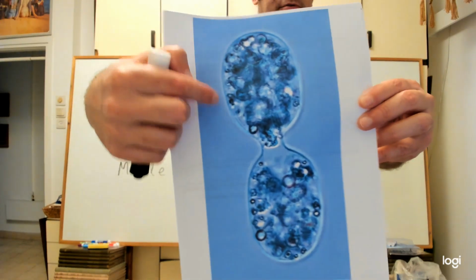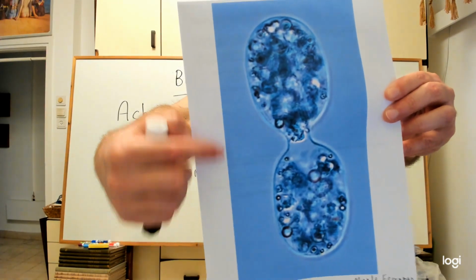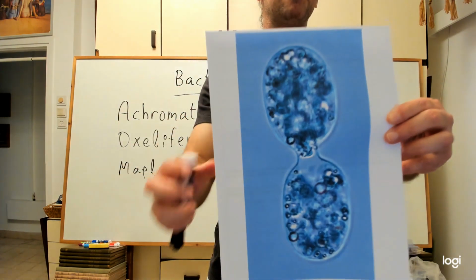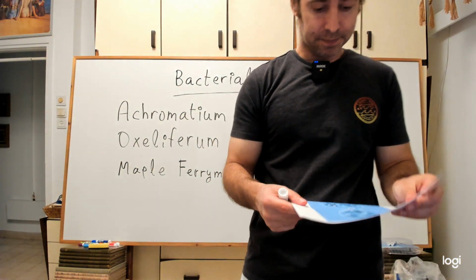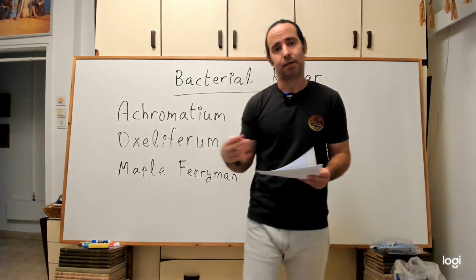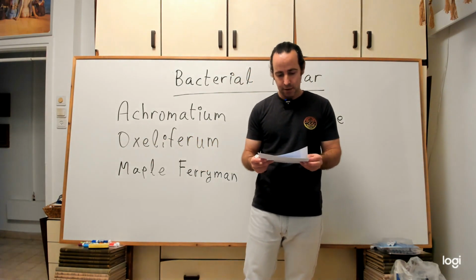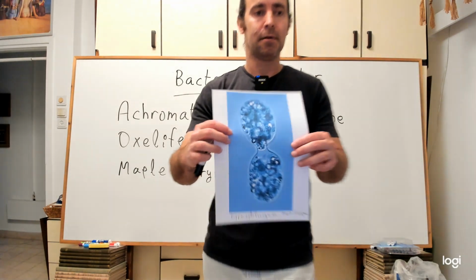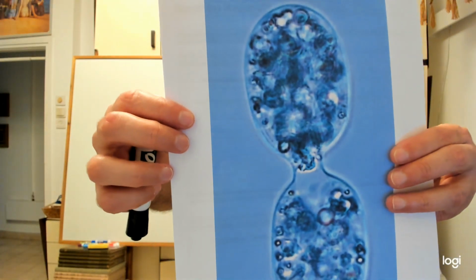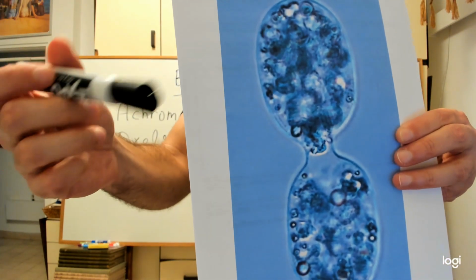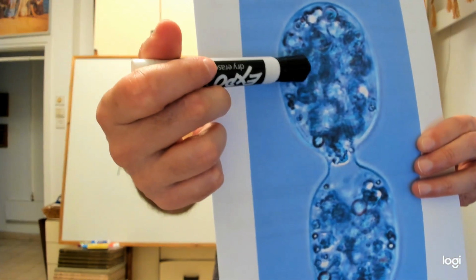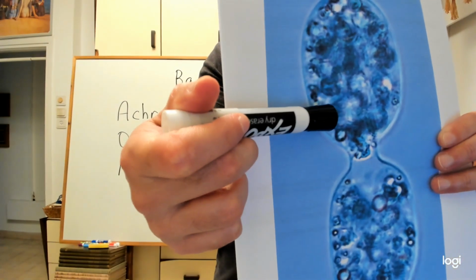Here you have two because they are dividing, but normally it's just one of them. And you know that bacteria divide when they want to multiply. And you see inside it there are all kinds of blobs. There are big blobs, which are this and this.